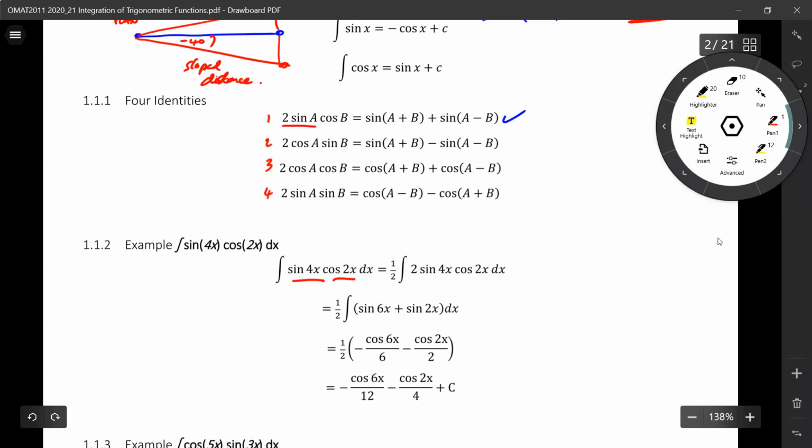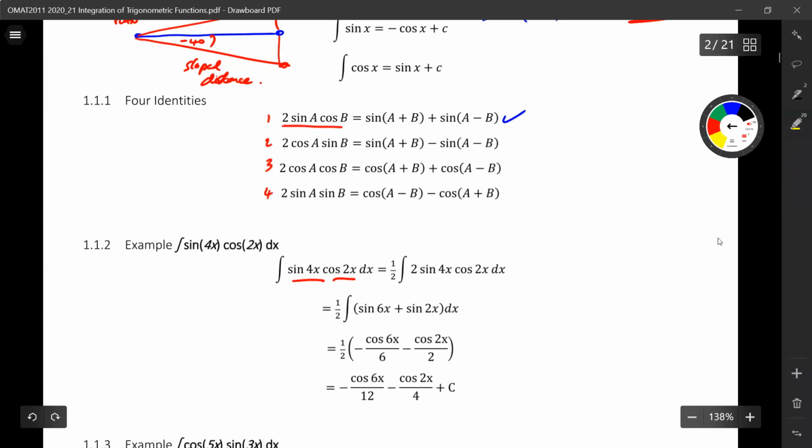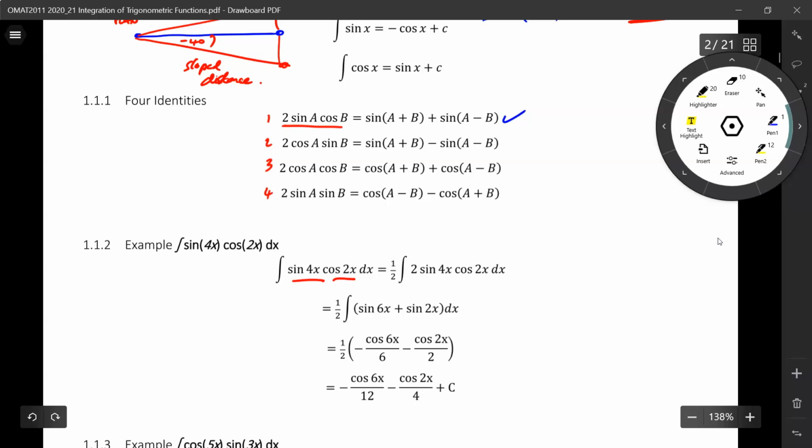This says 2 times sine A cosine B. So if I have this one, the sine of 4x cosine 2x dx, I basically introduce a half times 2. To use this rule, we have to introduce a half outside and put a 2 inside, because we need to get it in this format with a 2 in front of it.